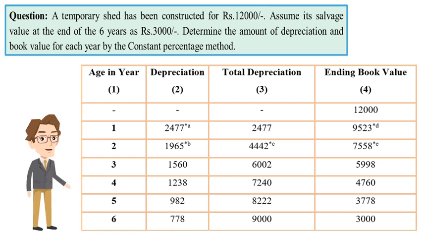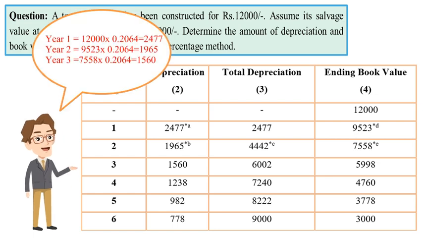The value of depreciation for year 1 is the value of the asset multiplied by the annual depreciation constant. Similarly, the second year depreciation value is the book value of year 1 multiplied by the annual depreciation constant. Year 1 equals 12,000 multiplied by 0.2064 equals 2,477.